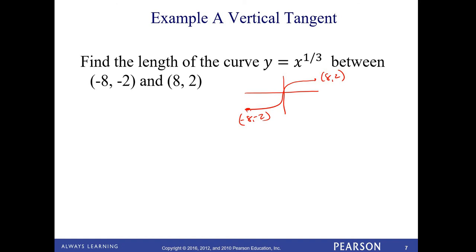So if I was integrating this in little small segments, I would want to integrate from -8 to 8. My problem is that right here, I have an undefined derivative. So dy/dx, which is x to the 2, taking the derivative, -2/3, right?